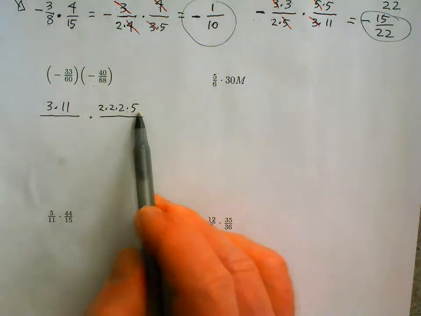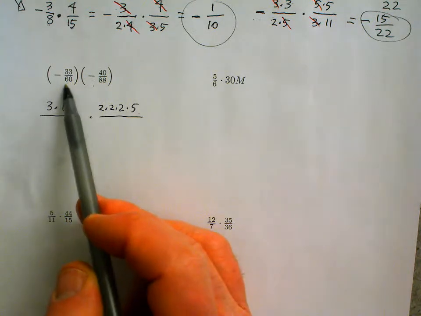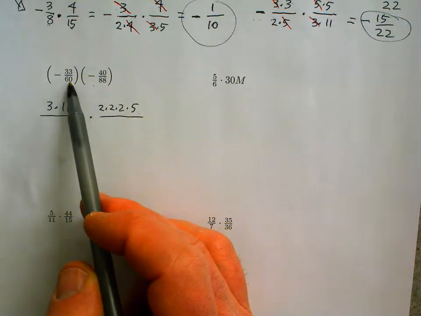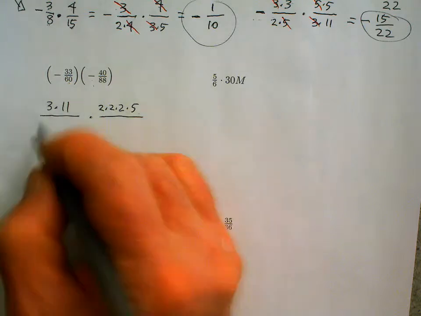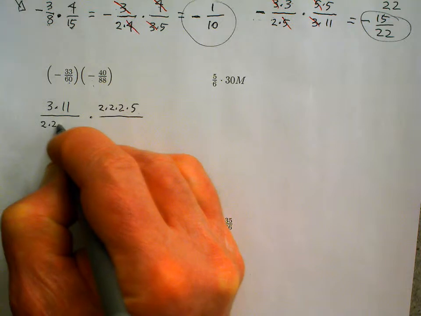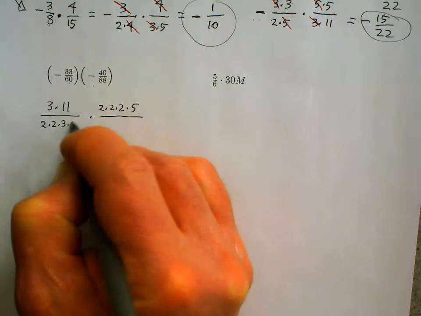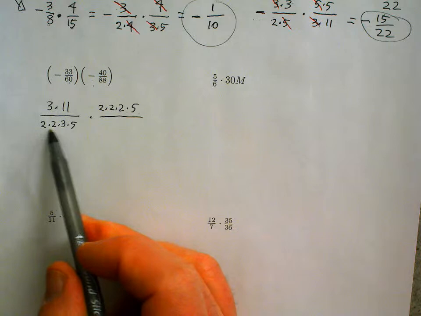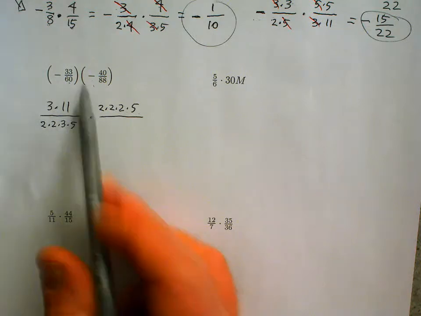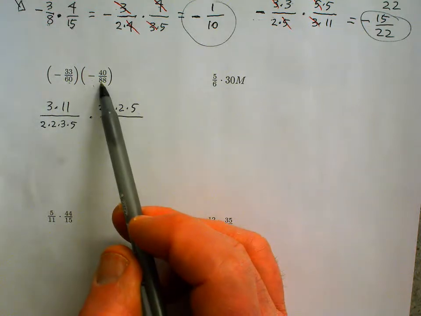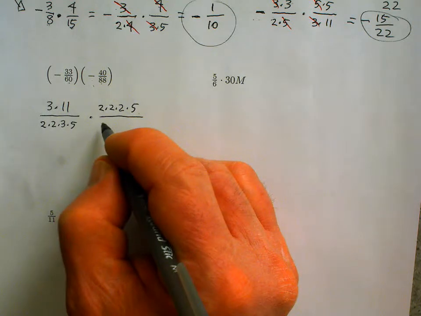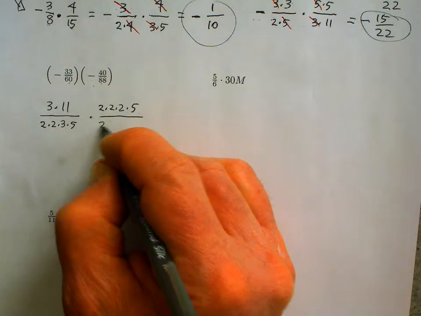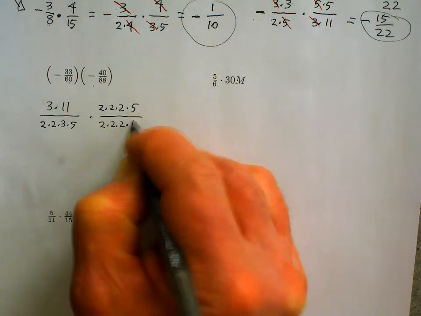Then the denominator 60: 2 times 2 times 3 times 5. You can verify that 4 times 15 is 60. For 88, 8 times 11 is 88. 8 is 2 times 2 times 2, and then times 11.